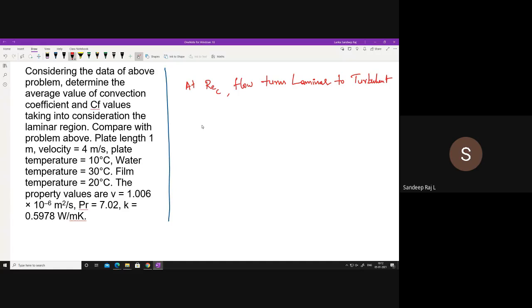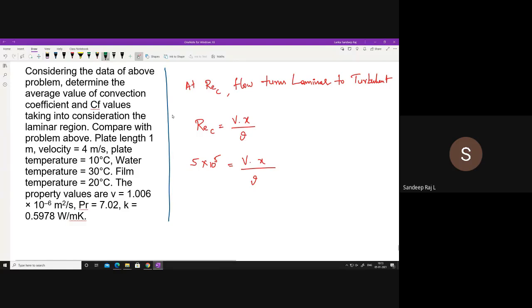So if I want to write it here, I have to write it this way. Re_c is equal to V into x by nu. In the place of Re_c, I have to put 5 into 10 to the power of 5. And on this side, you will put the appropriate values of V into x by nu.